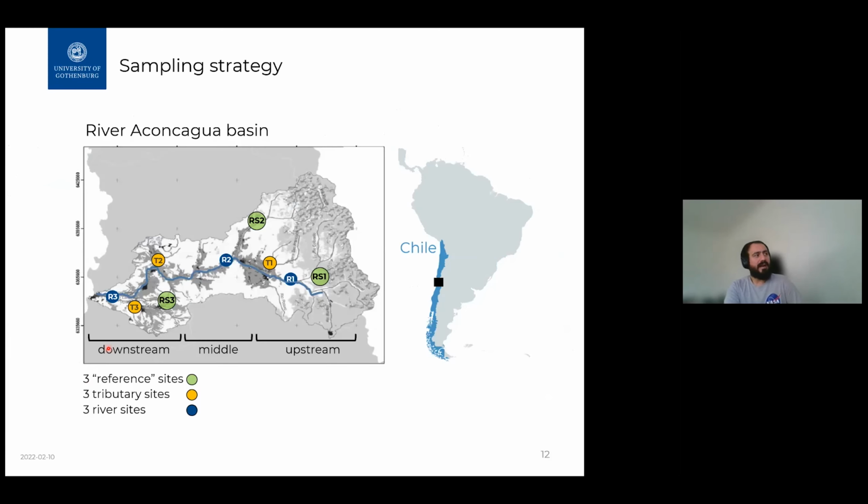The River Aconcagua, like I said, is located in the central area of the country. That area features a Mediterranean climate, and this river basin is considered by local authorities to be under really high water competition. The water framework in Chile is a bit complicated in the sense that water is privatized.